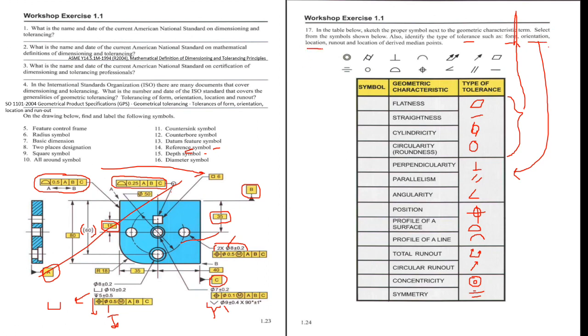For location, we give these types of tolerance: the position, profile of a surface, and profile of a line. And these two, total runout and circular runout, are the location runout. And the concentricity and symmetry are the location of derived median points. Here, this one, the location of derived median points, concentricity and symmetry.